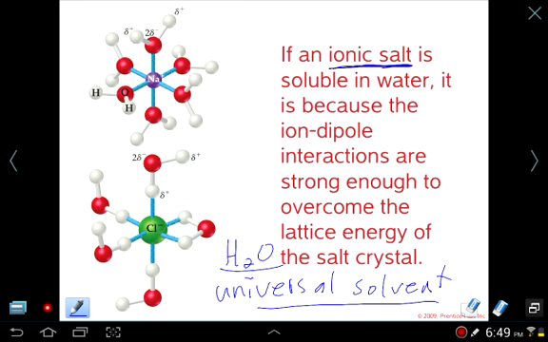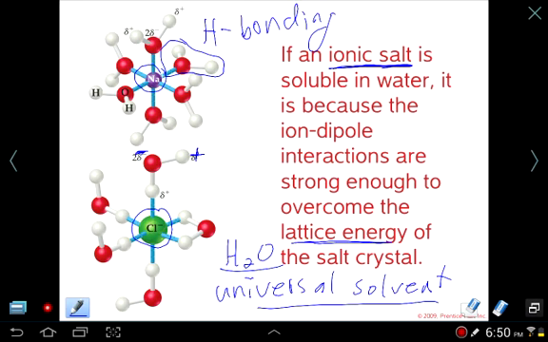That's because water has very strong intermolecular forces, because recall it has hydrogen bonding operating in it. This allows it to act almost as an ionic substance. It has a very positive side on the hydrogen and a very negative side on the oxygen, and this allows it to bond with very negative ions and very positive ions, as is the case here. So water can often overcome the lattice energy of the salt crystal.